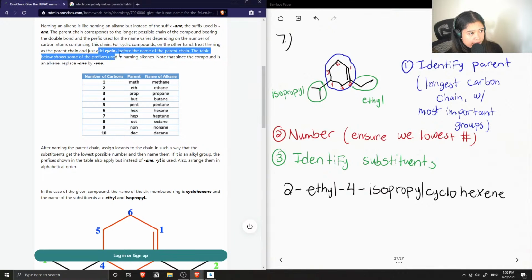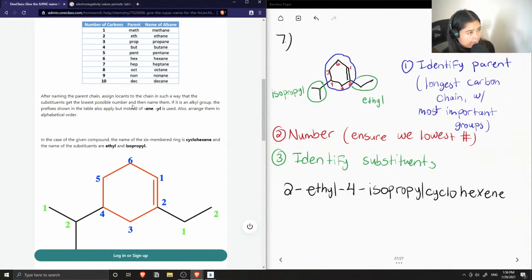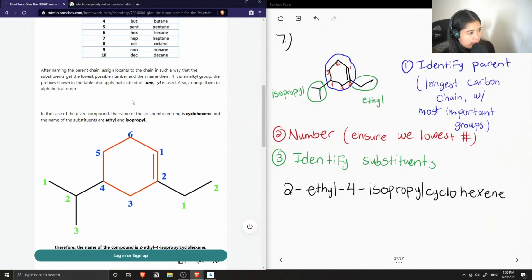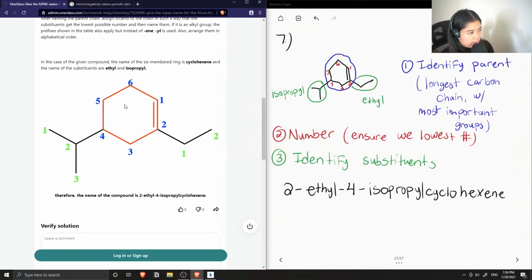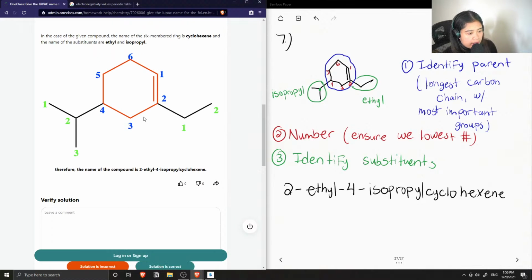Okay, and they mentioned that you add cyclo before the parent name, and they summarize all the different prefixes that you should put in front of the parent. And then they mentioned how you would name the side groups and showed the parent chain and numbered it and gave 2-ethyl 4-isopropyl cyclohexene. So this solution is correct.